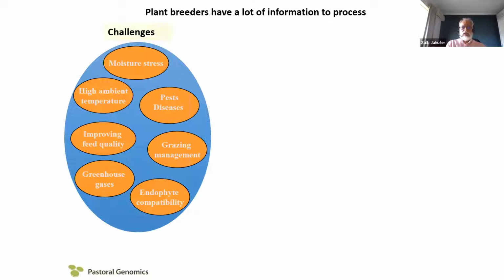So DeltaGen was first developed for forage breeding, and later on we fine-tuned it to handle self-pollinating crops too. So when it was developed, it was very clear that forage breeders, like crop breeders, have a number of these challenges. So they have to be aware of that. This is some of the key challenges.